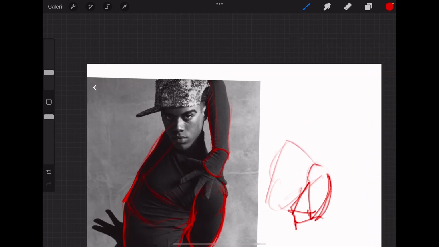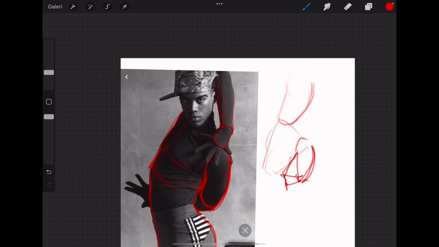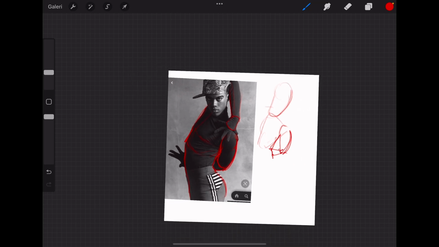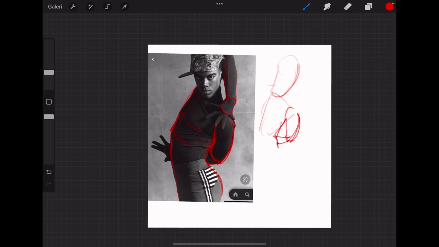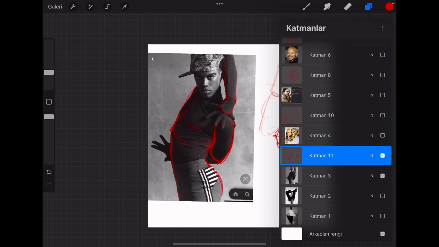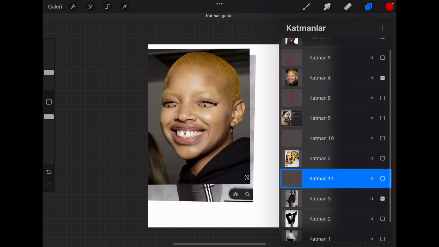So just see that tube shape going backwards. Try to imitate it right alongside your reference after tracing it. Do it with all of your other references, like with this one too.